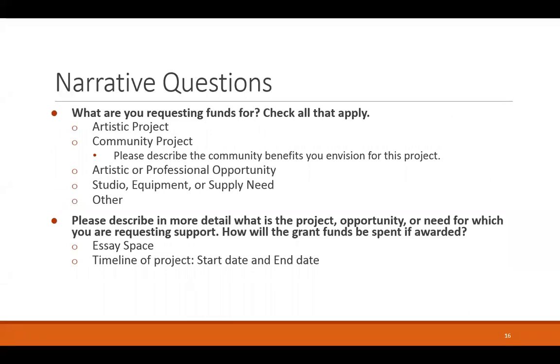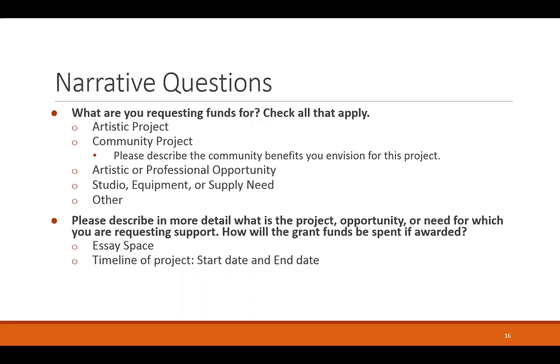So I have 2 slides for narrative questions. These first are the space where you're going to tell people what it is you're applying for. You're going to tell them what sort of time frame that you're going to make this thing happen in as well. So first is pretty basic. What are you requesting funds for? Check all that apply.